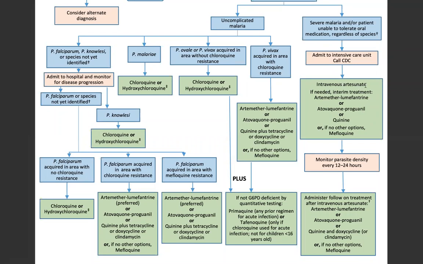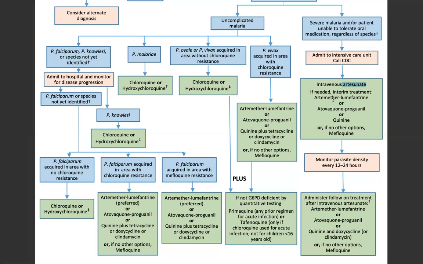Intravenous artesunate. Yes, we have to see what is artesunate. Artesunate is from the category of artemisinin. Artemisinin is an anti-malarial drug, and it is generally used intravenously for severe malarial cases.